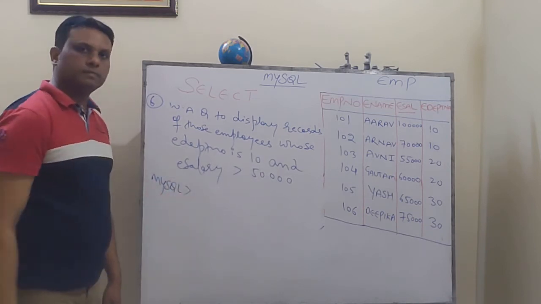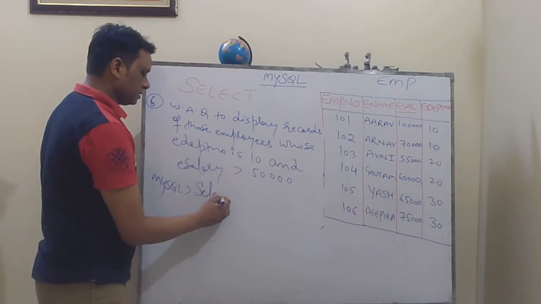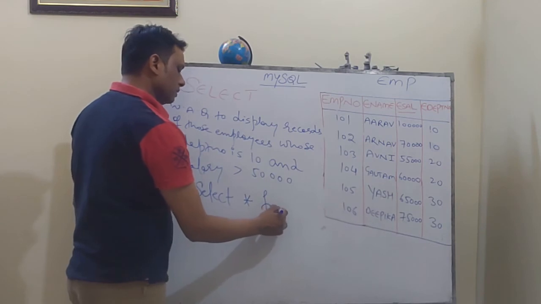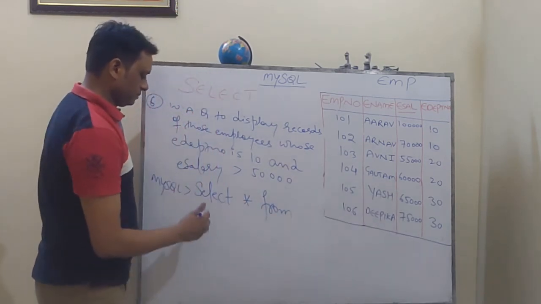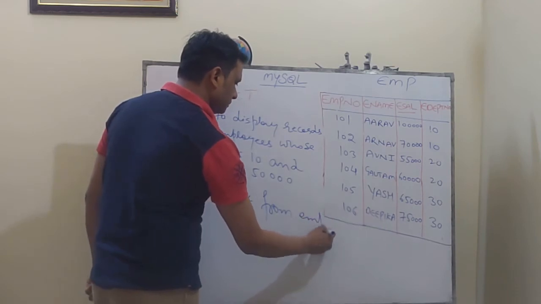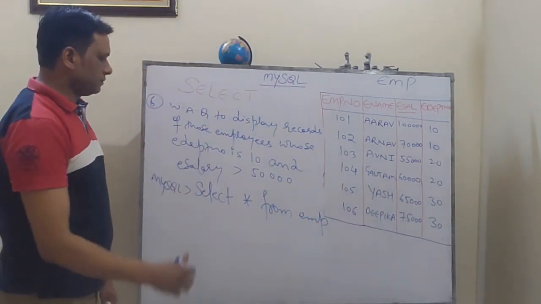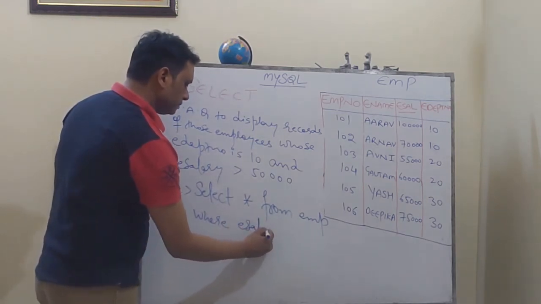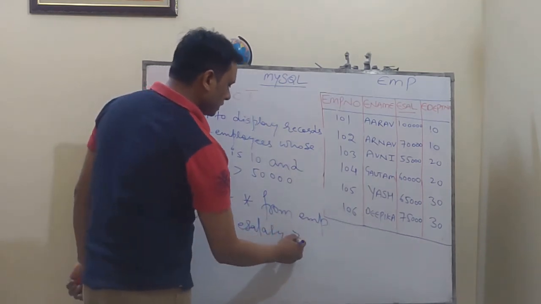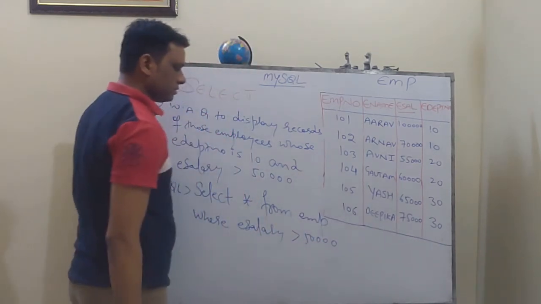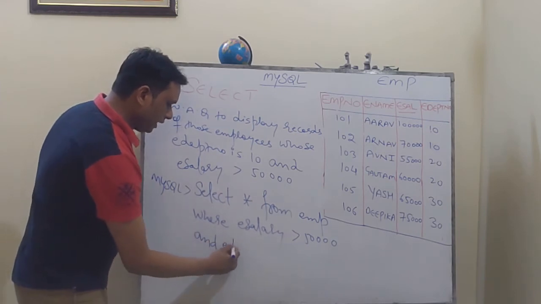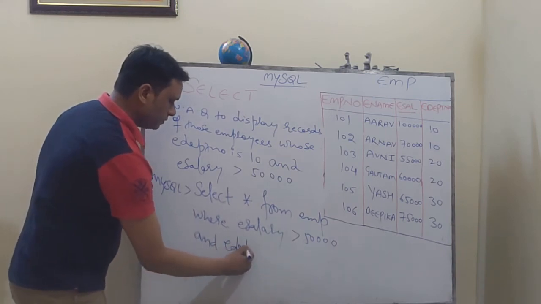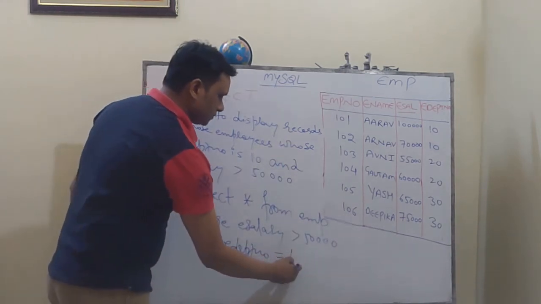MySQL: select star, means all the records, from EMP. Now the conditional part: where E sal is greater than 50,000 and E department number is equal to 10.